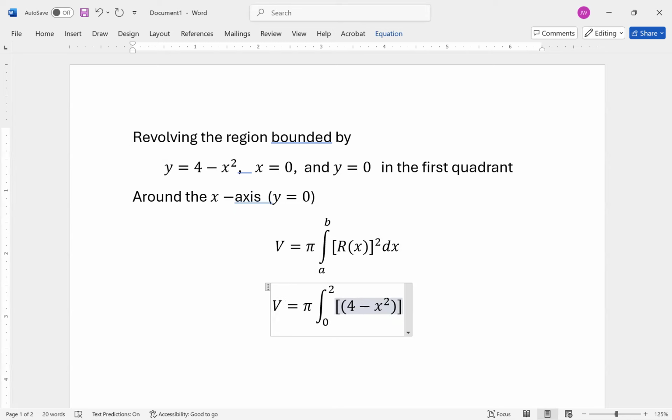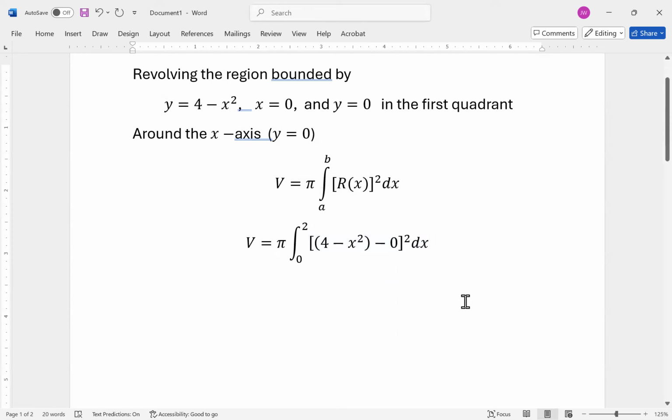And then we go down to the bottom, which is the x-axis, which is y equals 0. Now in this one, obviously we don't have to write minus 0, but in other ones that we're going to see, it's always good to think of the radius as being top of the rectangle to the bottom of the rectangle.